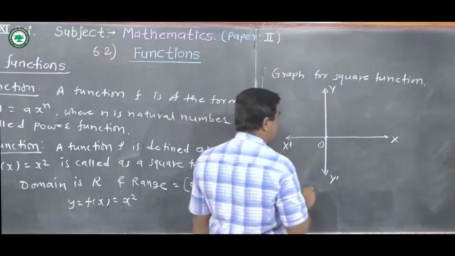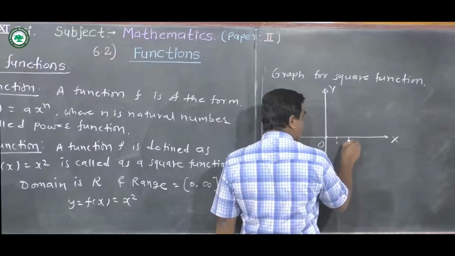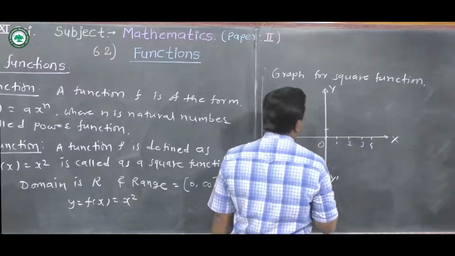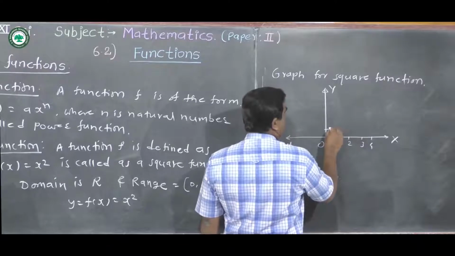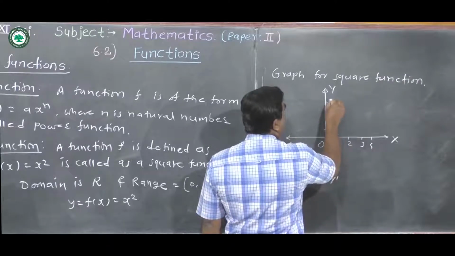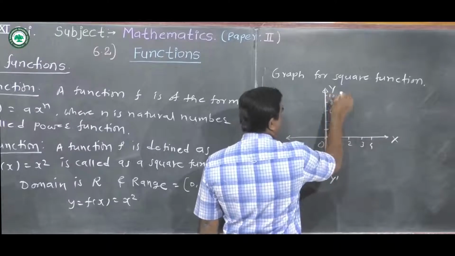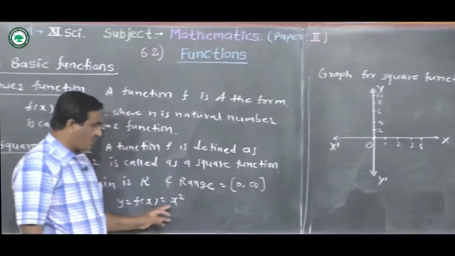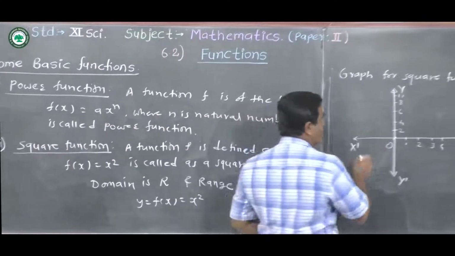Now we can take scale on x-axis 1, 2, 3, 4. On y-axis 2, 4, 6, 8, 10 and so on. Now graph for this function y is equal to x square is a parabola like this.